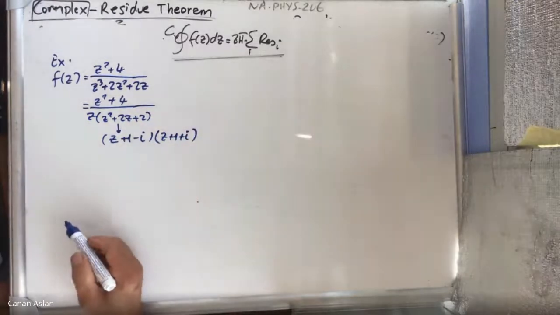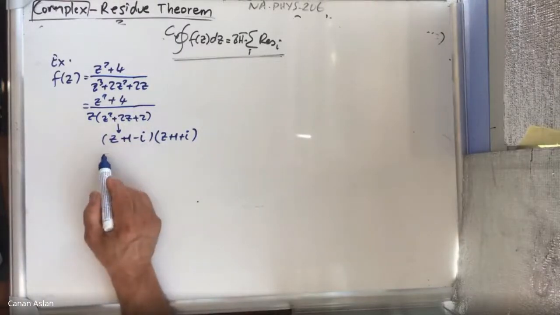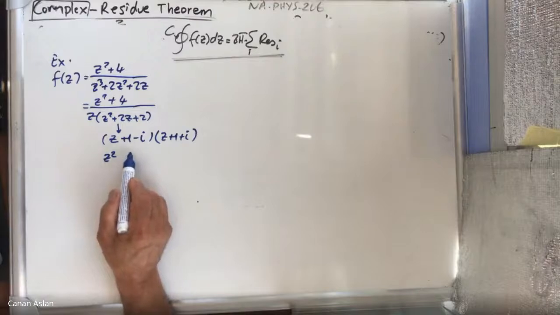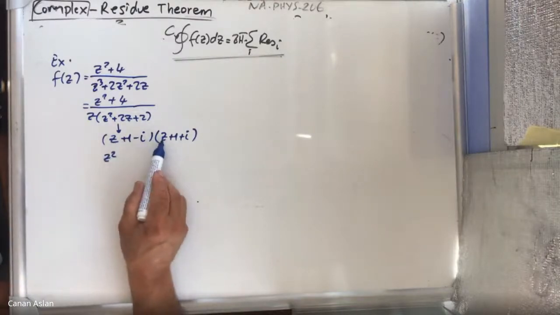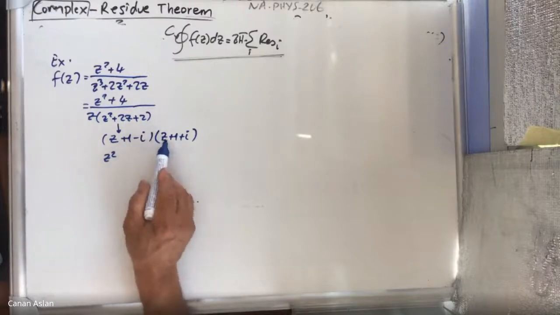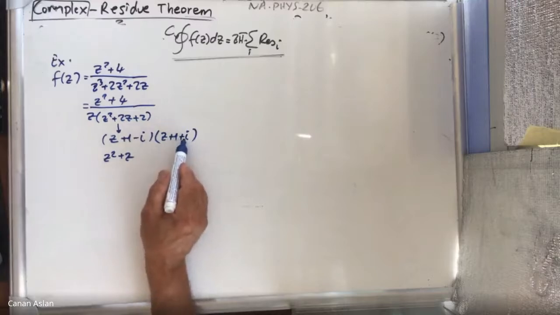Okay, let's check if this gives you exactly the same result. The first term is z squared, if you multiply z by z, and the other one is z. We're just multiplying each term by the terms on the right.